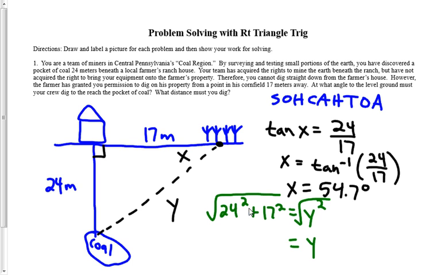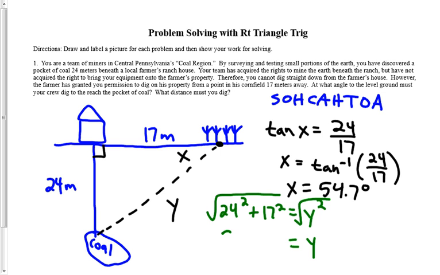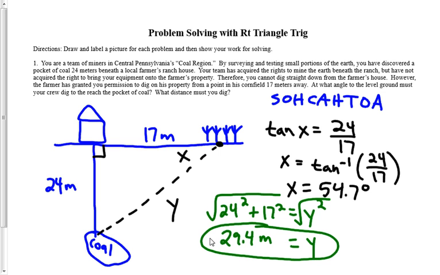So back to my calculator, I have the square root of 24 squared plus 17 squared. And that equals 29.4. So 29.4 meters is how far they're going to have to dig or drill.